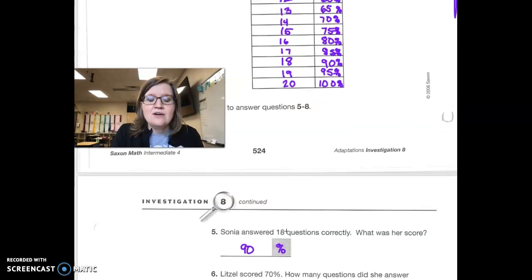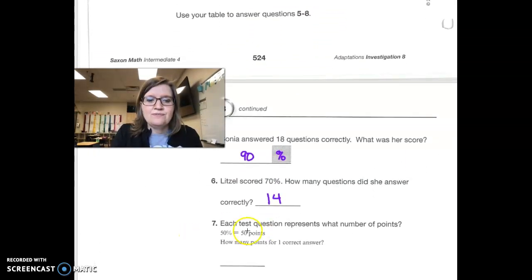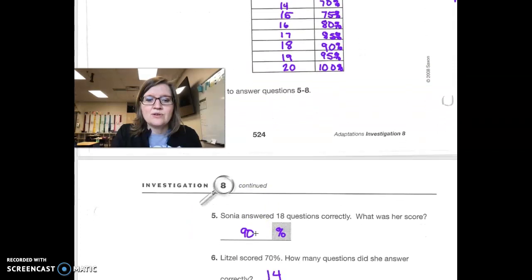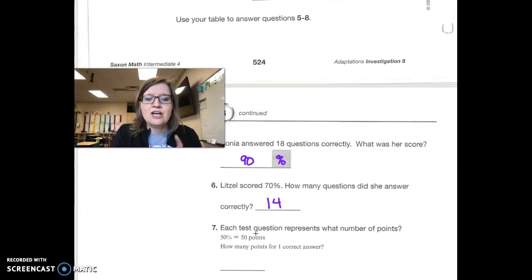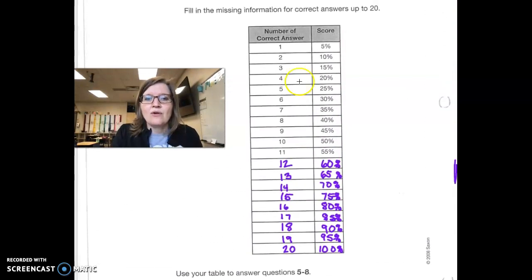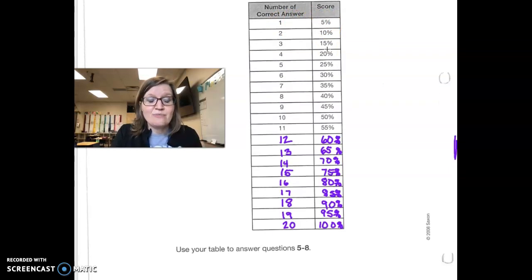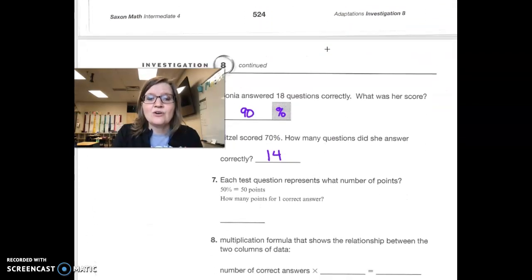Each test question represents what number of points? If it says 50% equals 50 points, so let's see, each test question represents what number of points? We look. One correct answer is 5% or 5 points. So each question represents 5 points.